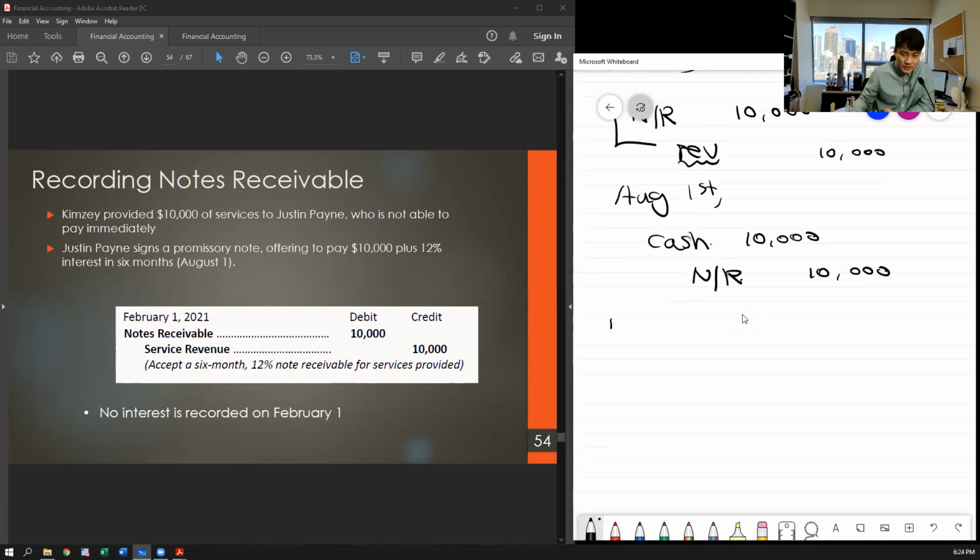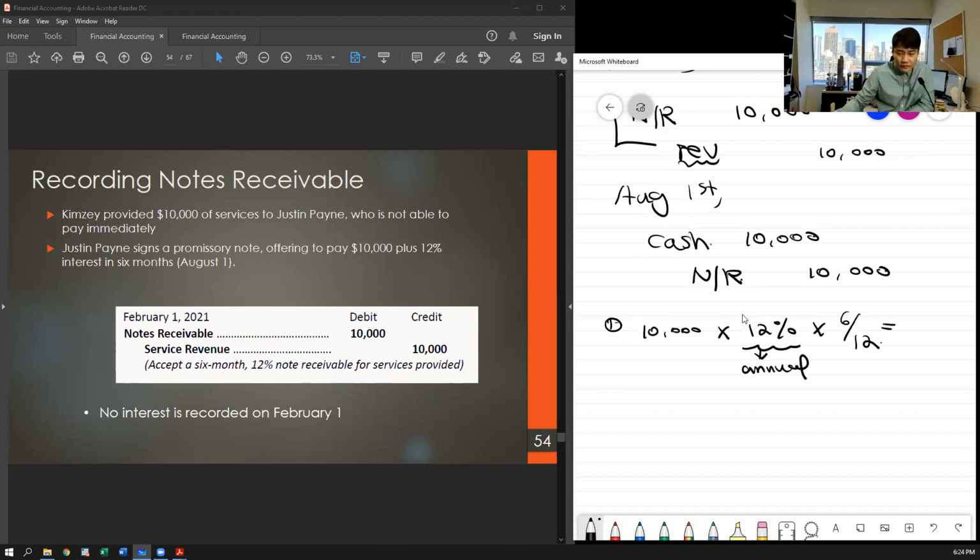So let's first calculate the interest. Your principal is $10,000 times 12%. Keep in mind that this is in annual terms. Since this note is paid within 6 months, you're going to multiply by a fraction, which will be 6 over 12.